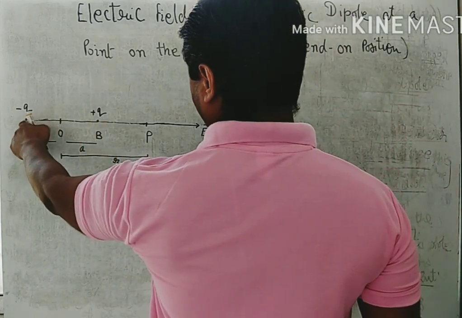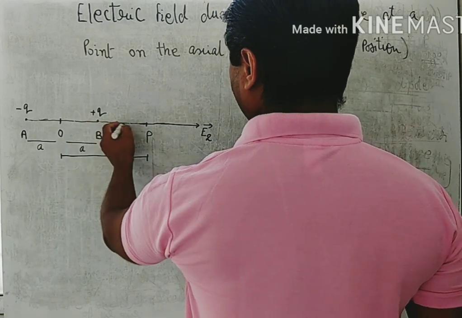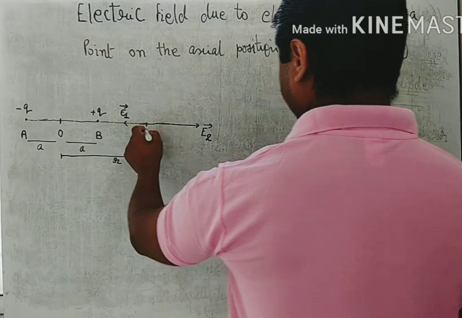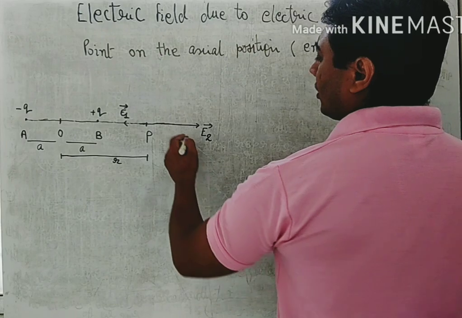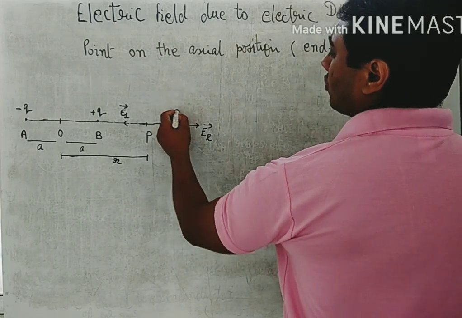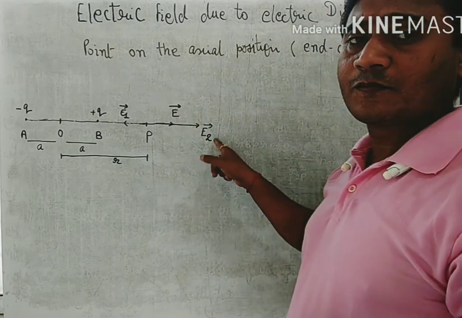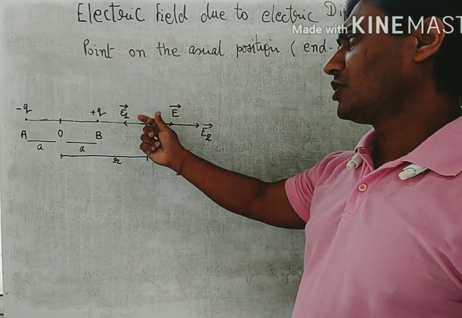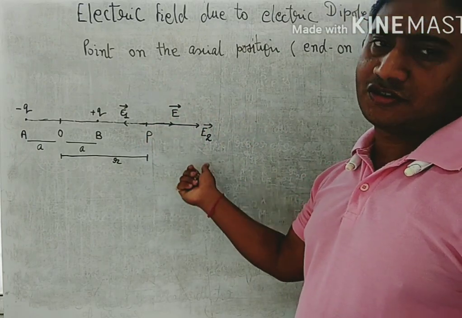Now due to this negative charge, the electric field will be directed towards this point B. So this I am representing by vector E1. Now the resultant electric field will be along this E2, vector E, as this E2 will be more in comparison to this E1. For that reason, we'll be taking the resultant along the higher magnitude electric field.